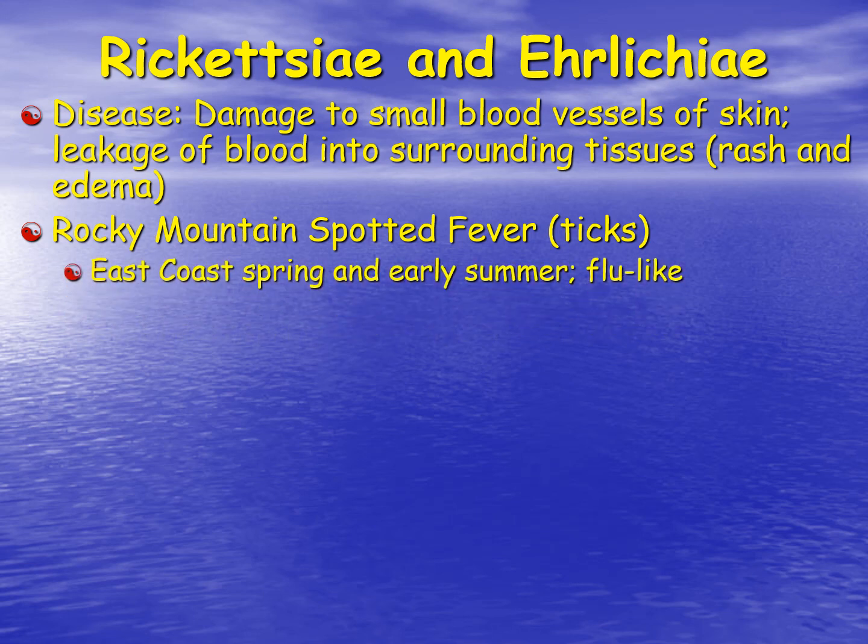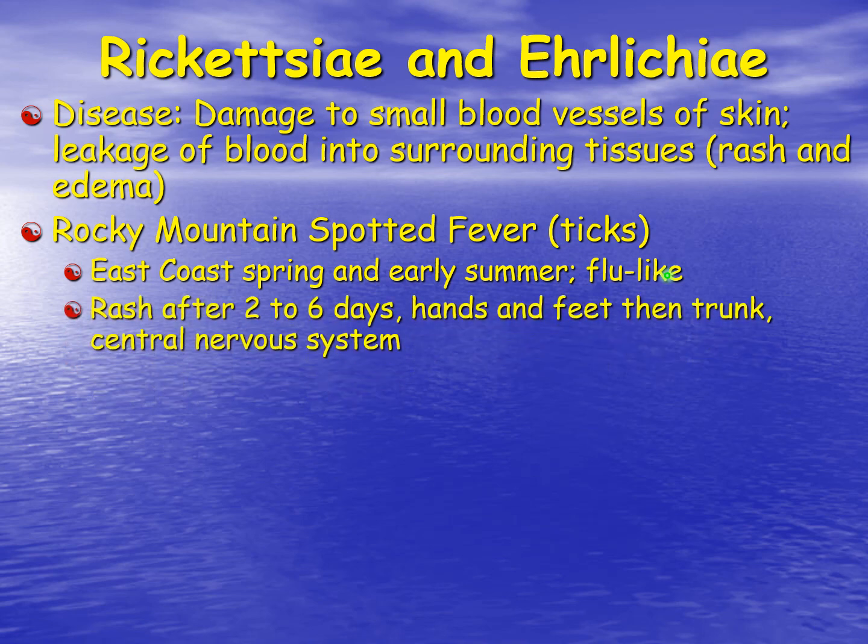On the East Coast, we see Rocky Mountain spotted fever in the spring and early summer. Typically, these folks will have kind of a flu-like symptom before the rash develops. The rash will then develop usually about 2 to 6 days after onset of the symptoms. It usually begins in the hands and feet and then goes to the trunk. Eventually it could even infect the central nervous system.